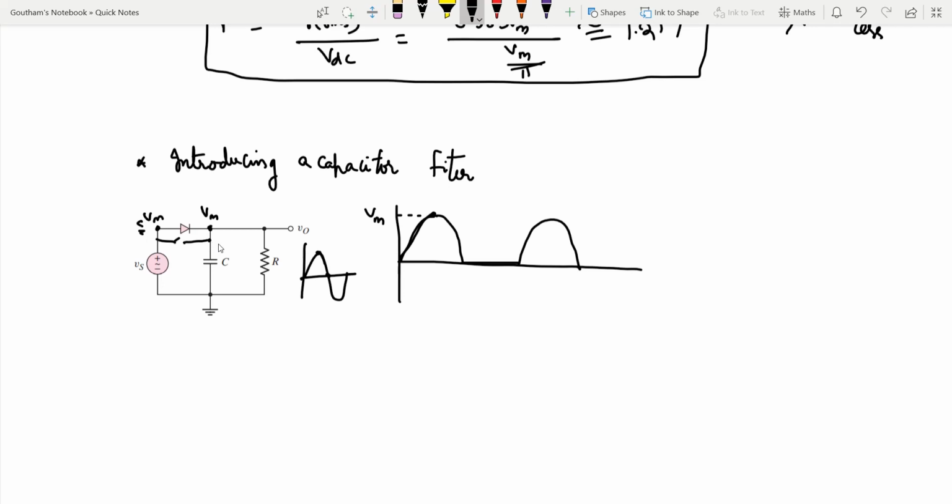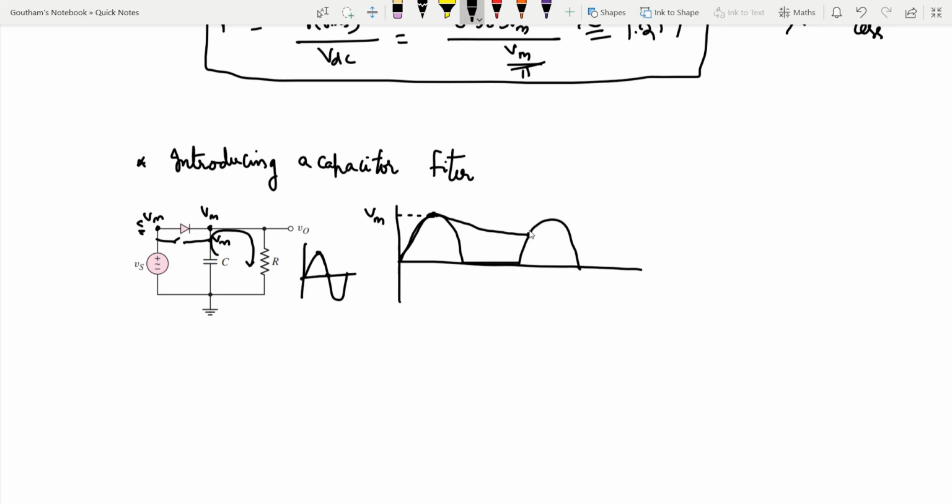Since the capacitor is now charged to Vm, it starts discharging through the resistor. The capacitor keeps discharging until the diode becomes forward biased again.